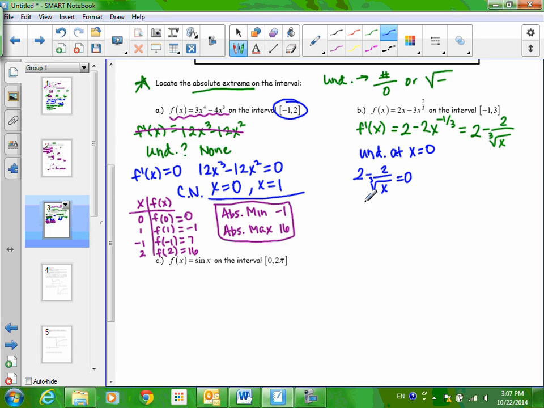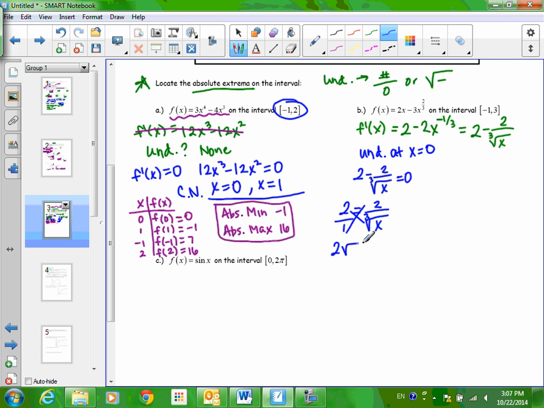Now, this has also been throwing people off. It's all the algebra. Okay, so I'm going to encourage you just to watch me work through this algebra, remind you of some things, and then I'll give you time to write it down. So the way I look at this is I want to move this over to the other side. I want to add it. Sorry. Let me do that. All right, so we want to say equals 2 over the cubed root of x. The second thing is I don't want a fraction if I don't have to have it. So I'm going to put that 2 over 1, and I'm going to cross multiply.